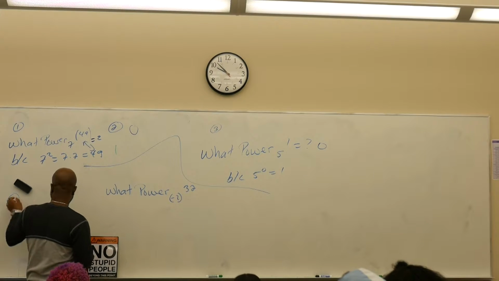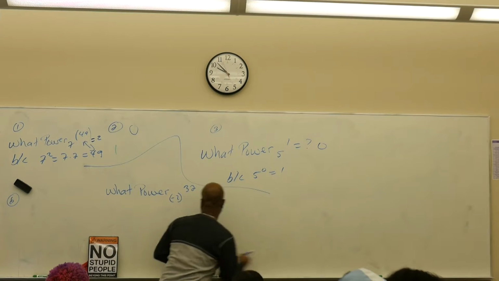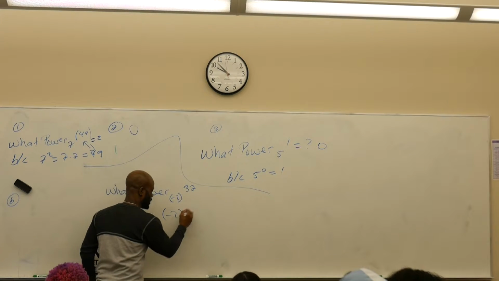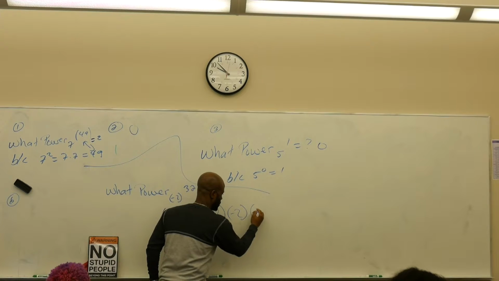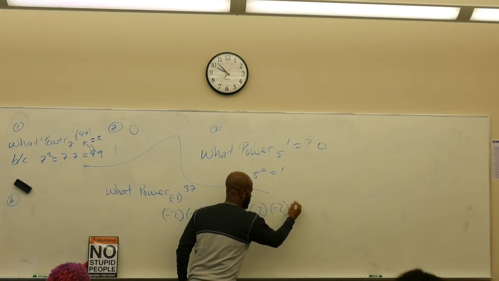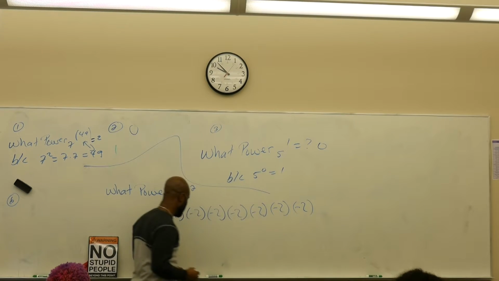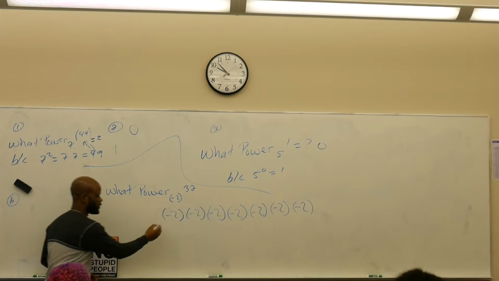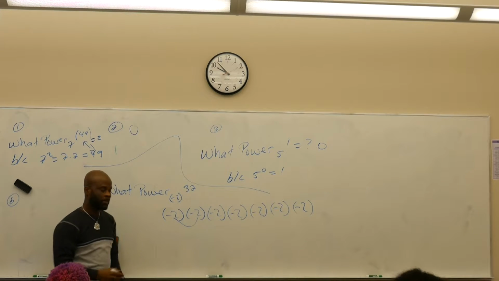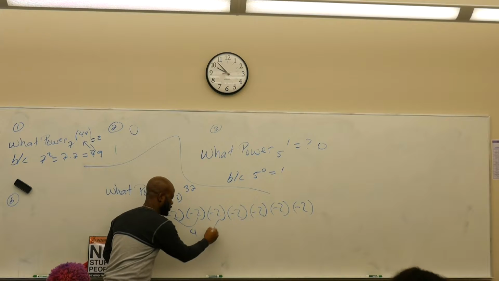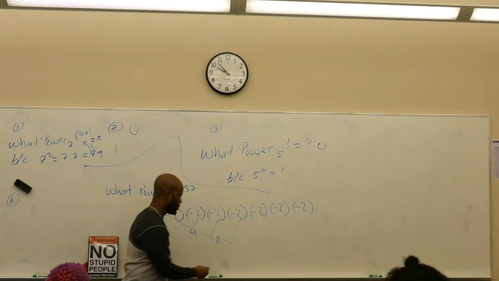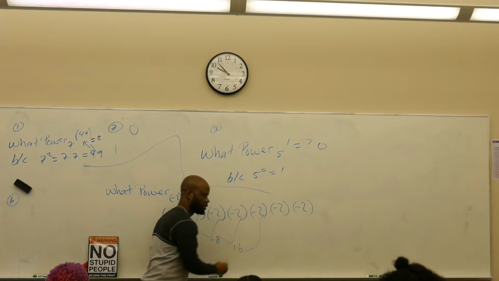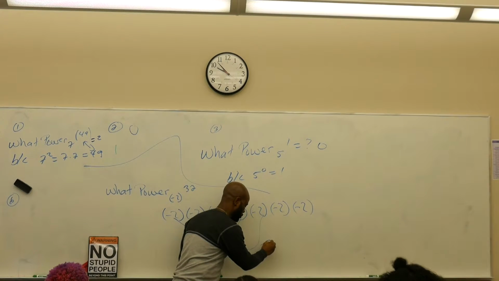If you want to show that, we could say, well, let's just try. -2, and then this is +4, and then another one, -8, and then another one, +16, and then another one, -32.